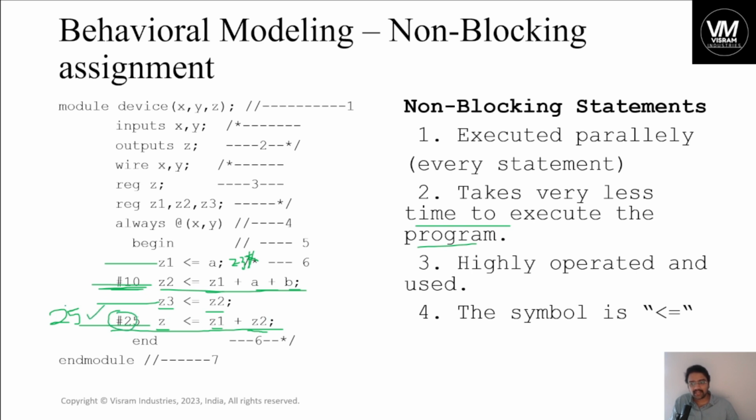So we have 10 nanoseconds of grace time. That is the advantage of non-blocking assignment statements.